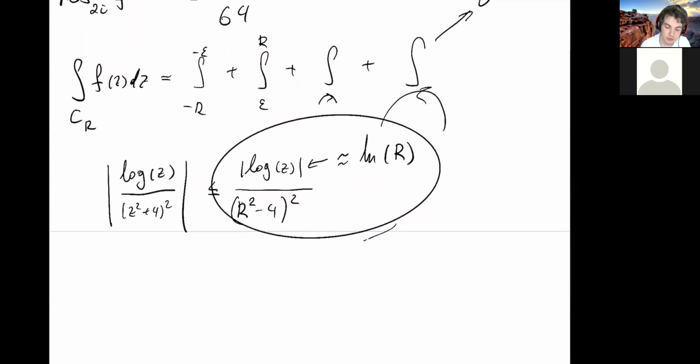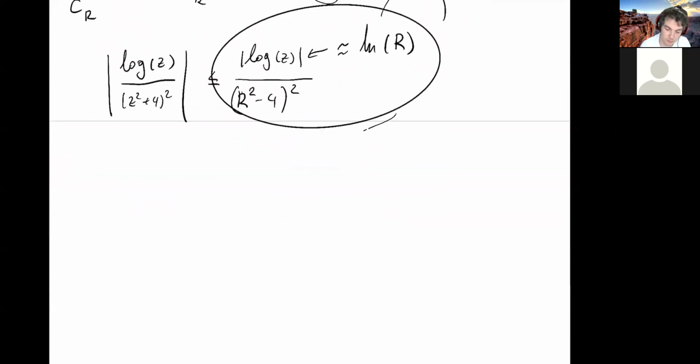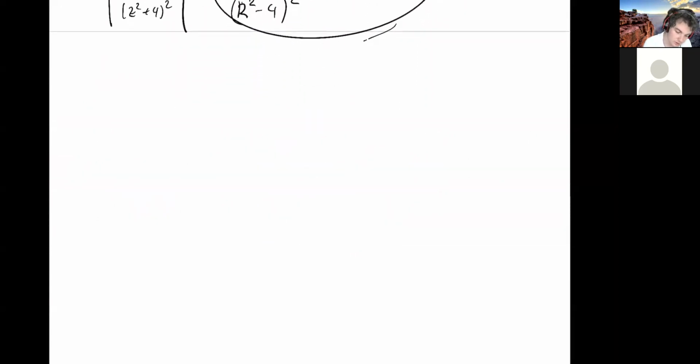Now I want to look at the integration over the small circle. And in fact, this will also disappear.